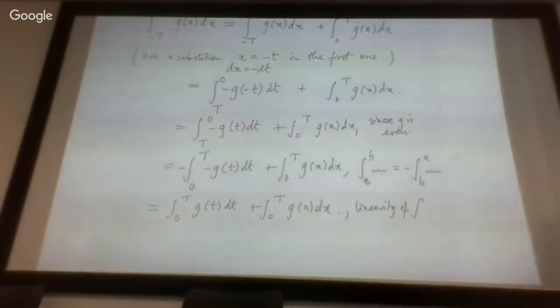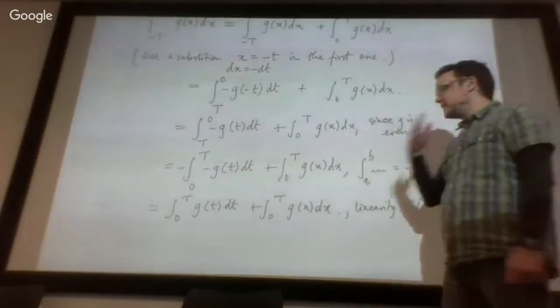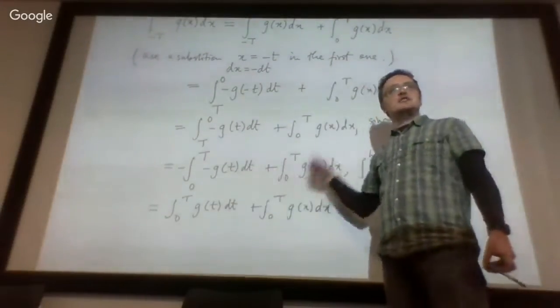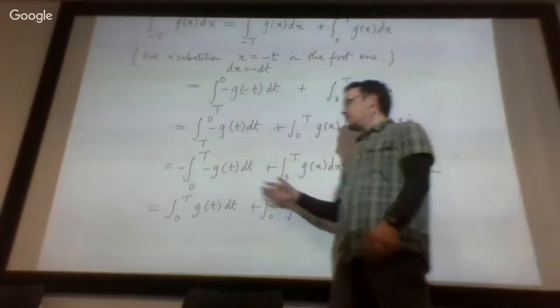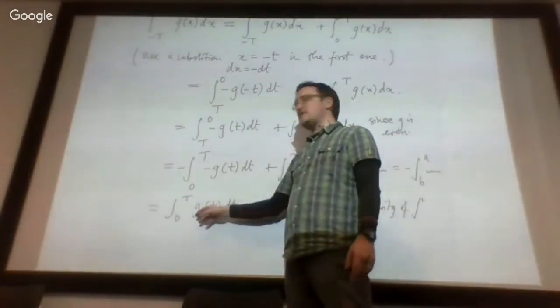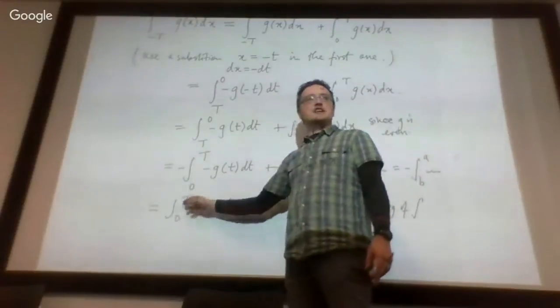Well, yeah, we look at these two integrals. They look kind of different because one is in terms of t and the other one is in terms of x. But you have to remember, the variable used for integration means nothing. When you're integrating a function, you're summing up the values of the function across a certain interval.